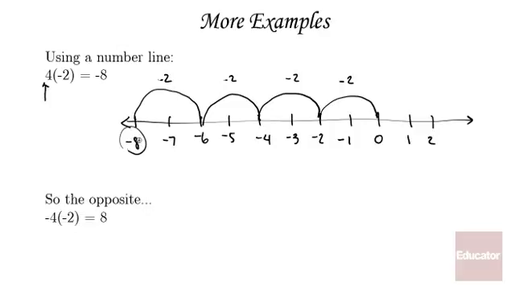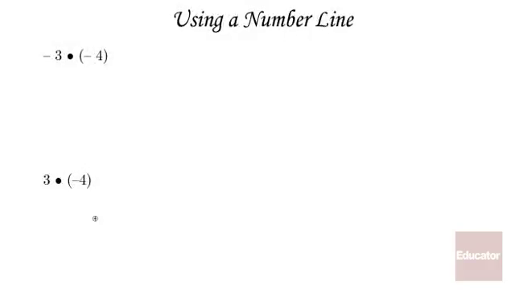Let's look at the opposite when you're multiplying 2 negatives. It's saying the opposite of 4 groups of -2. Notice this is saying the opposite becomes a +8. Let's look at a number line to multiply 2 negatives. It's telling me to go in the opposite direction. This first negative means the opposite.